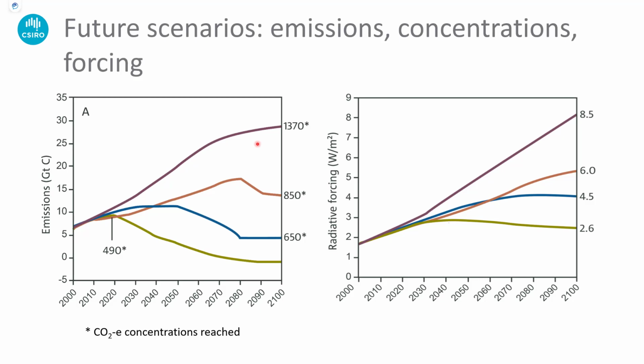And those emissions are translated into well-mixed concentrations of greenhouse gases in the atmosphere, and that's what this plot on the right represents. And you might hear people talk about these as RCPs, and then you might hear talk of RCP 8.5. That's this one, because that particular RCP, or representative concentration pathway, reaches a radiative forcing of 8.5 watts per square meter at the end of the century. That's why it's called RCP 8.5, and the others are named in that same sort of way.